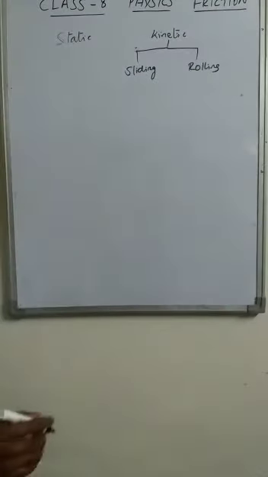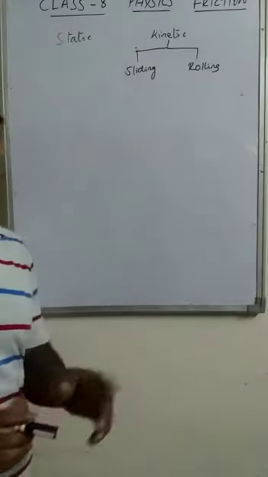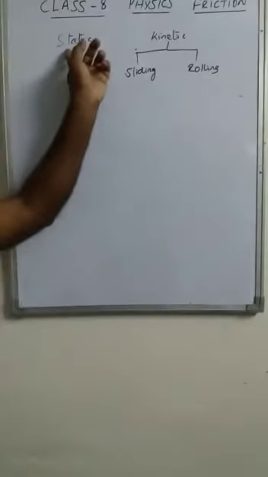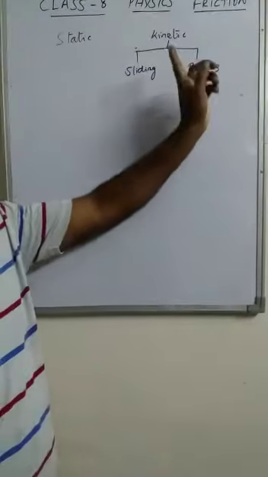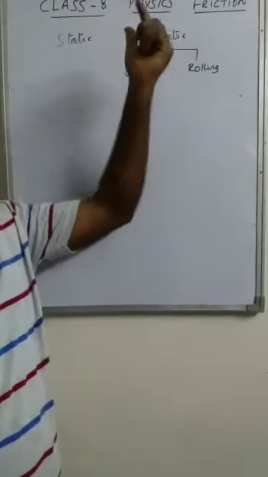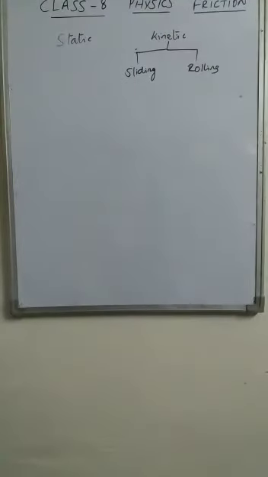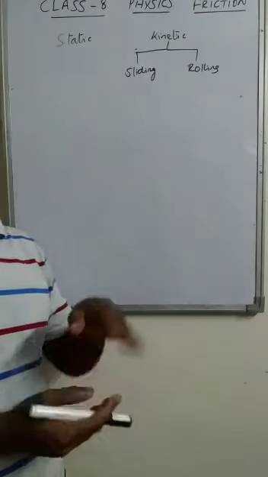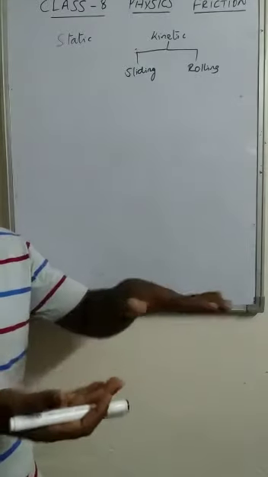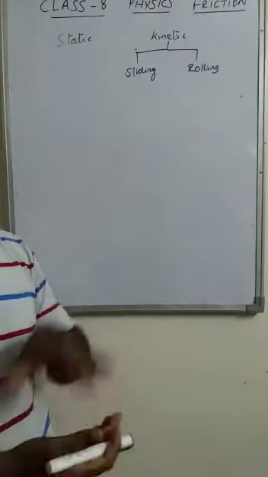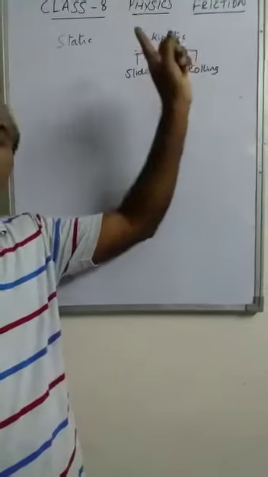So, basically three types: static, sliding and rolling. Sliding and rolling are the two types of kinetic friction. Kinetic means motion. When two surfaces are in contact in which one is moving with respect to another, then the friction between them is kinetic.